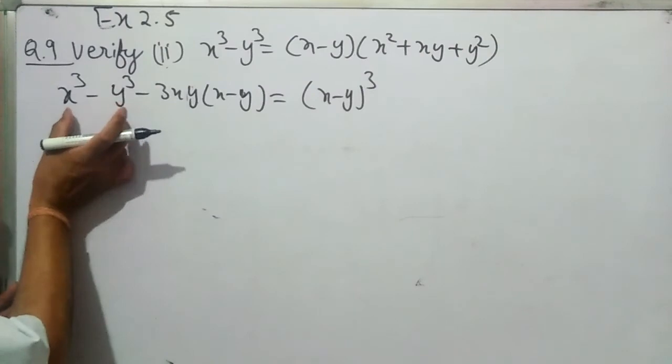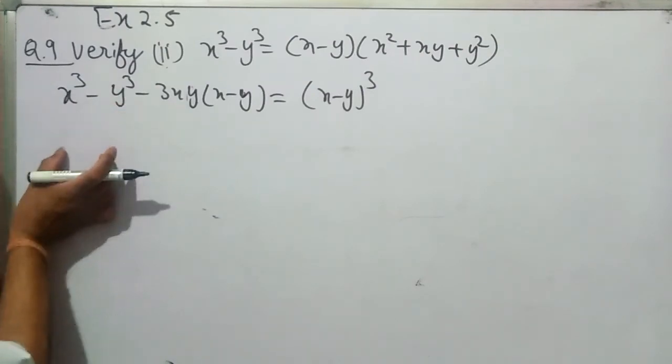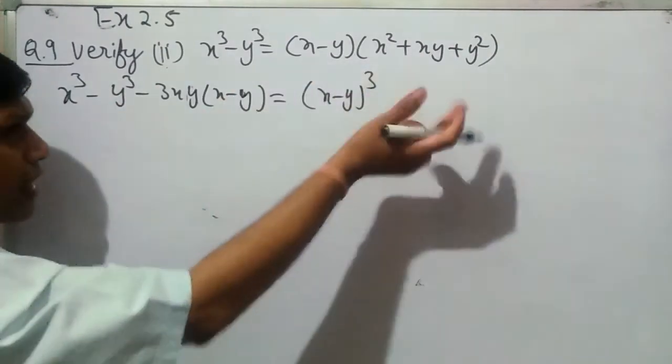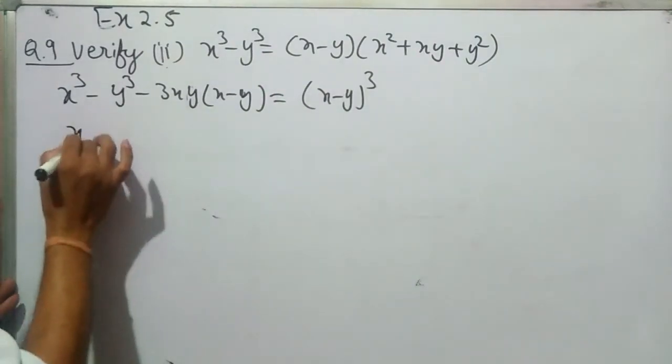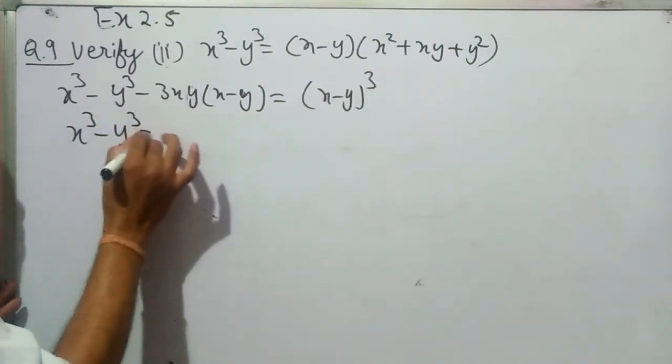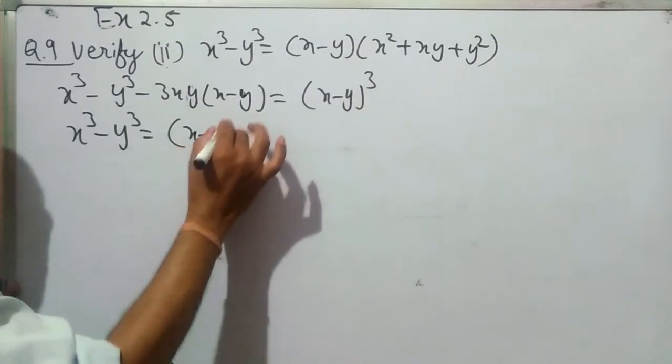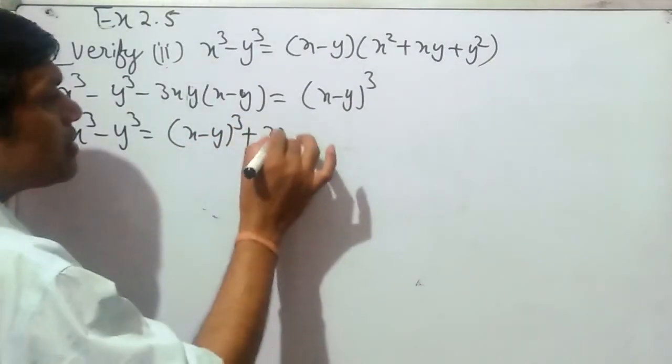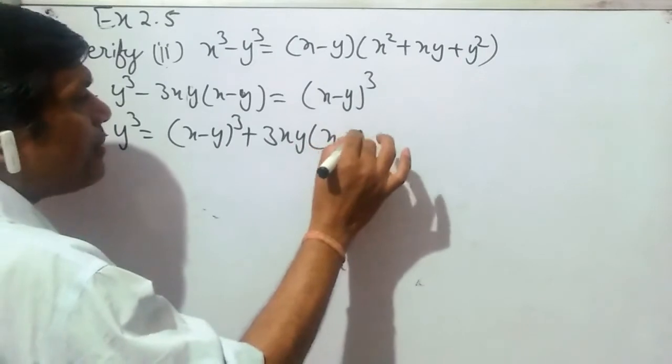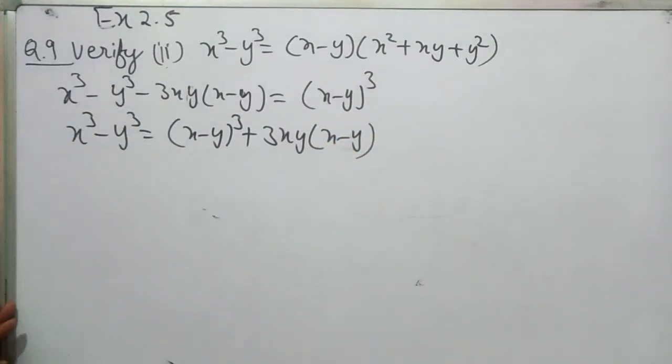We want to find this. We let it remain on the left hand side and take the other to the right hand side. So we get x cube minus y cube equals x minus y whole cube plus 3xy multiplied with x minus y.